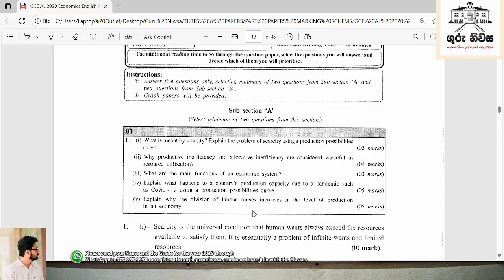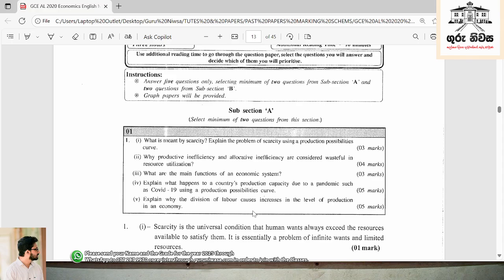The second point should be that if the COVID pandemic period does not affect factor endowment and productivity of resources, the PPC doesn't shift. Just a point moves further inside.